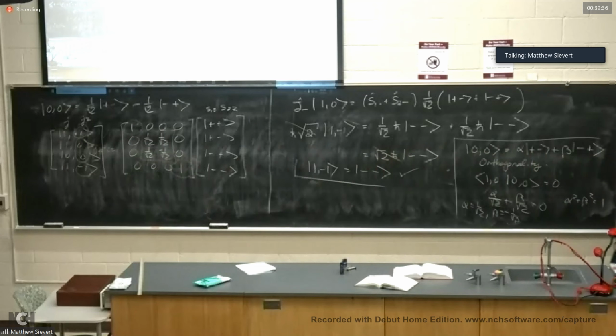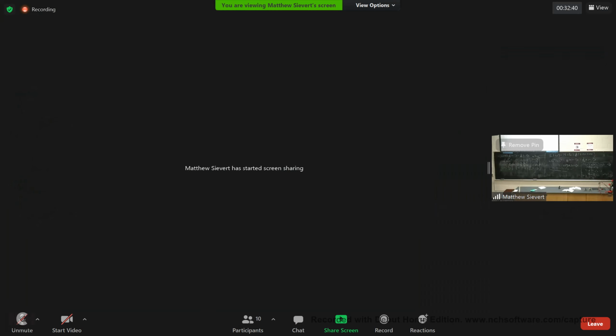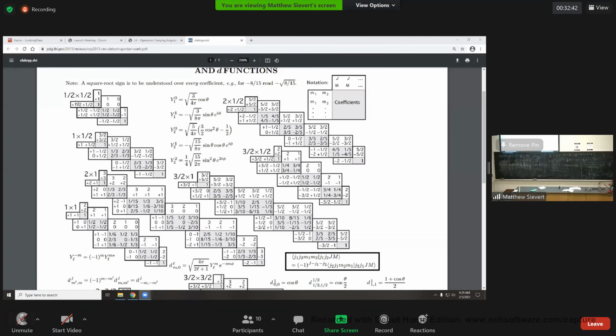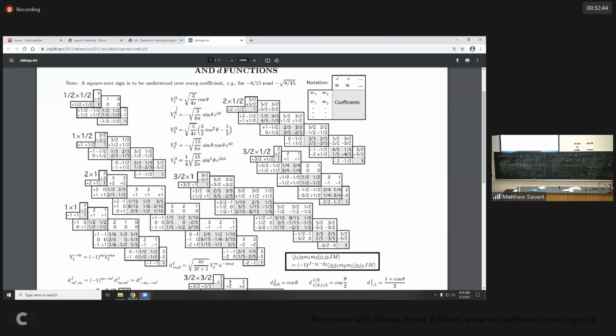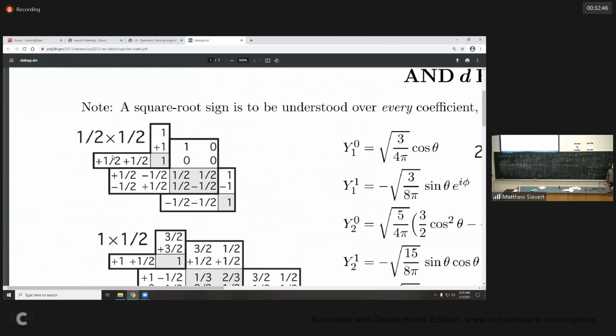And if I go back and again momentarily share screen, you read this off and compare it with the table of Clebsch-Gordan coefficients, and you see that we got the right answer. That's 1, 1/√2, 1/√2, 1/√2, minus 1/√2, and 1. All right, these are the two simplest examples that you can add up angular momentum with.